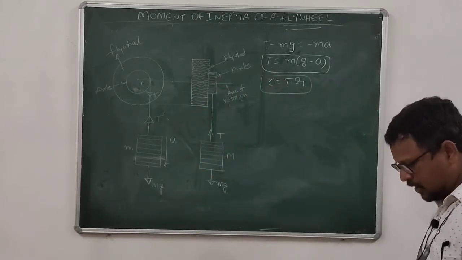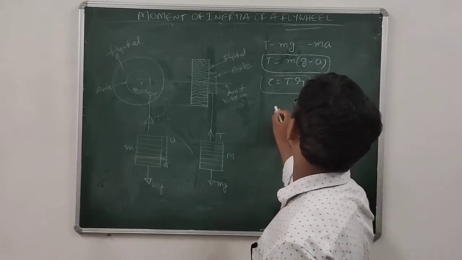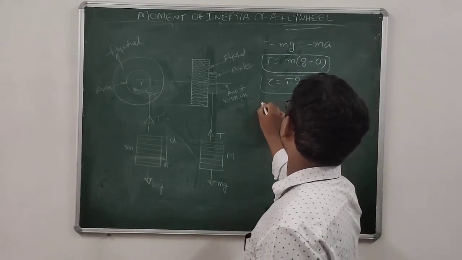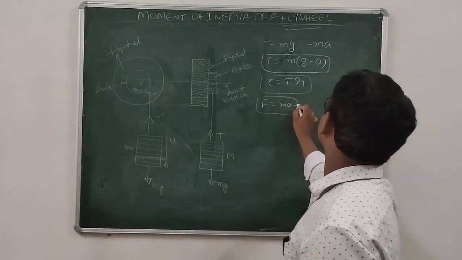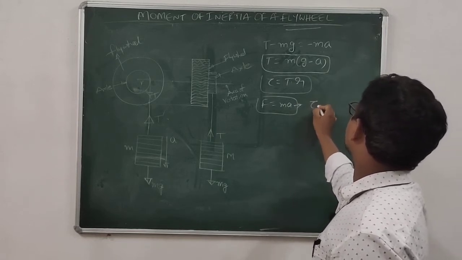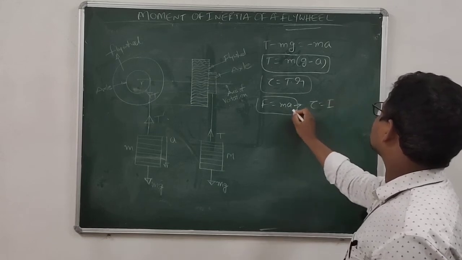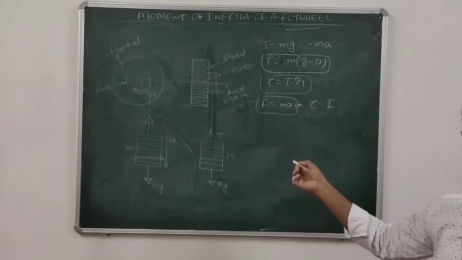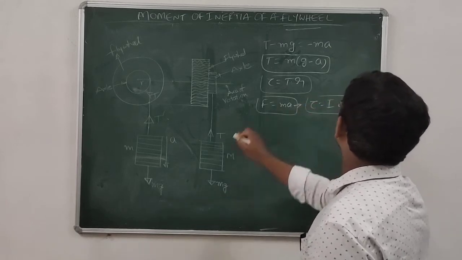Now coming to Newton's second law of motion. For linear bodies, F equal to ma. For rotational bodies, F is replaced with tau, mass m is replaced with mass moment of inertia I, and linear acceleration is replaced with angular acceleration, so tau equal to I alpha.